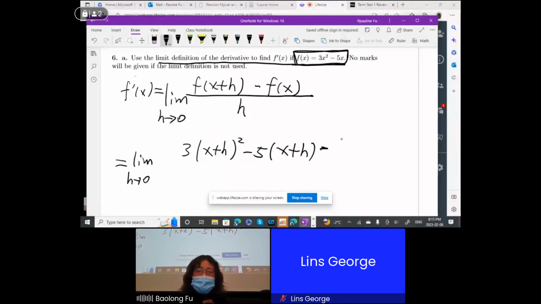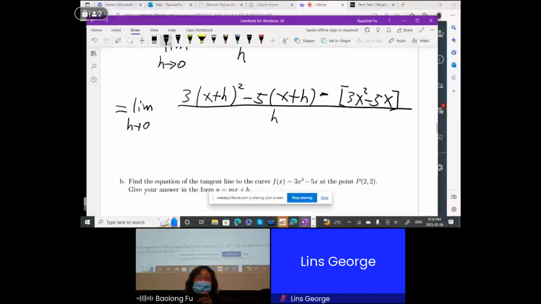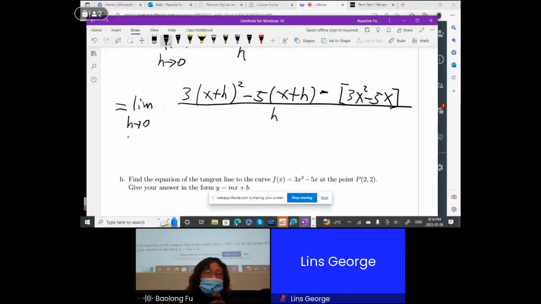Then minus f(x) means minus the original function, minus f(x), and over h. Questions? Now you expand the top, you simplify the top, the numerator.